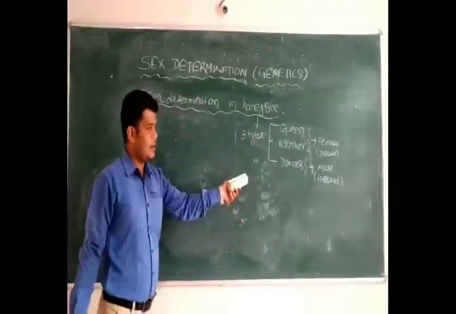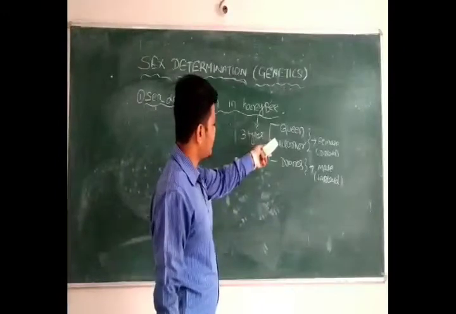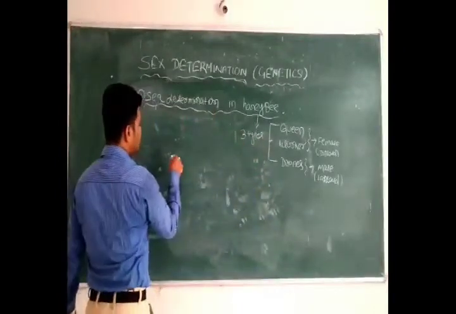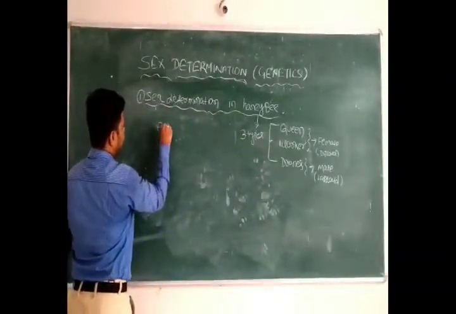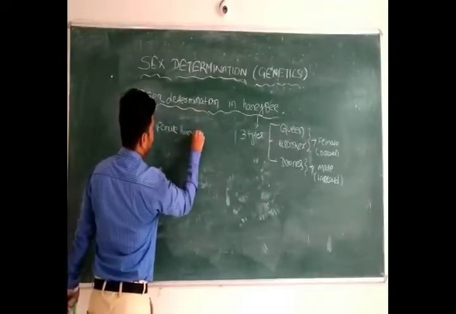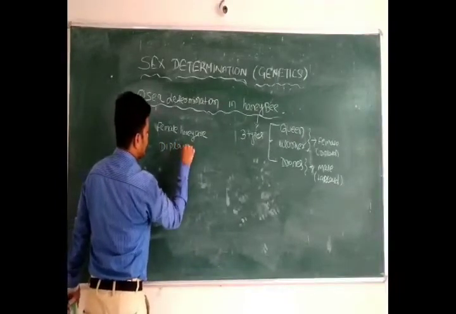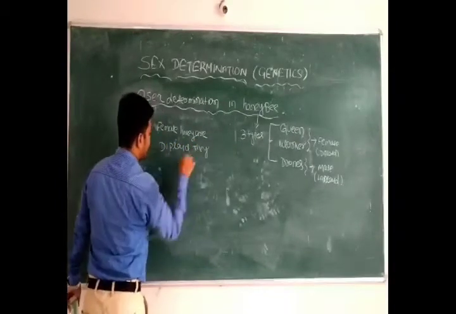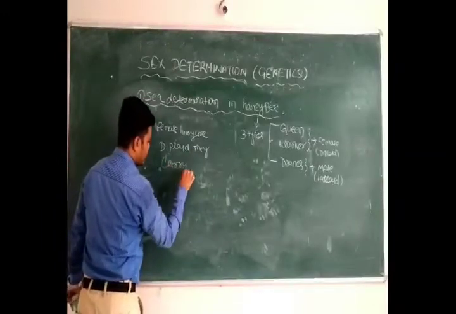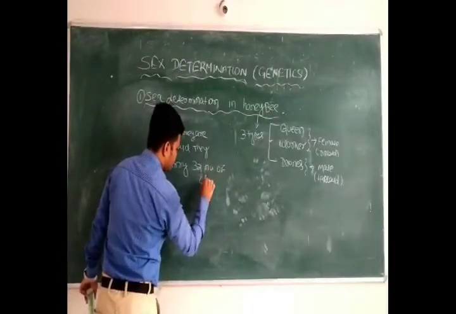So generally the honeybee is of three types. Due to the female honeybee being diploid, they carry 32 chromosomes.